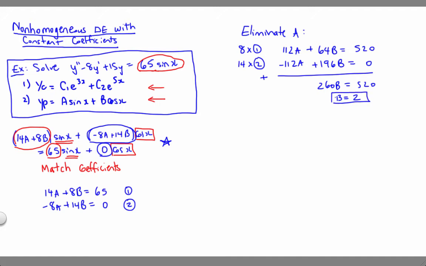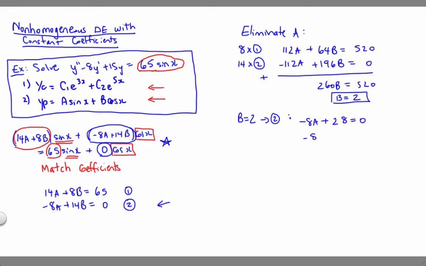So now we can take this information that b is 2, we can plug it back into either equation. I would suggest equation 2, and we'll be able to get our value of a. So looking back here at equation 2 and plugging in, we'd have minus 8a plus, we're subbing in b equal 2, so our next term is going to be 28 is equal to 0.